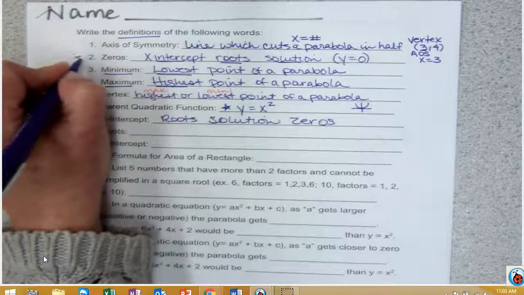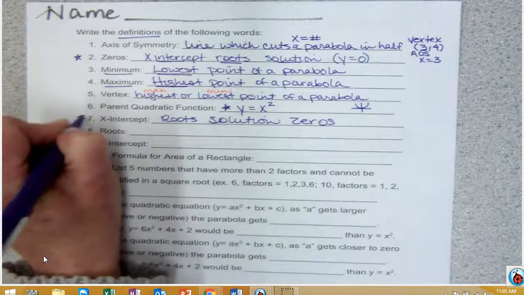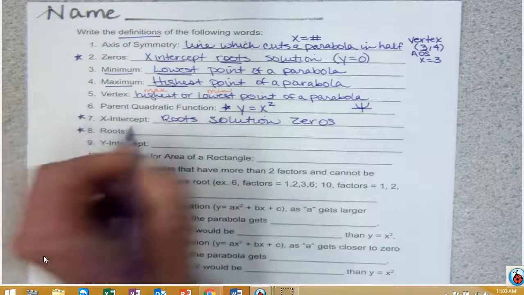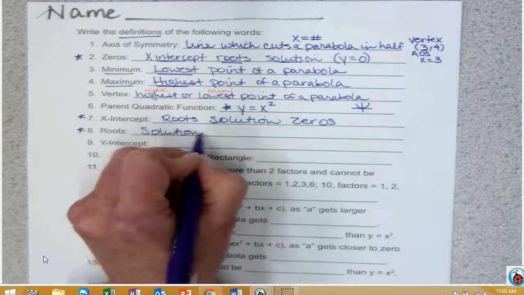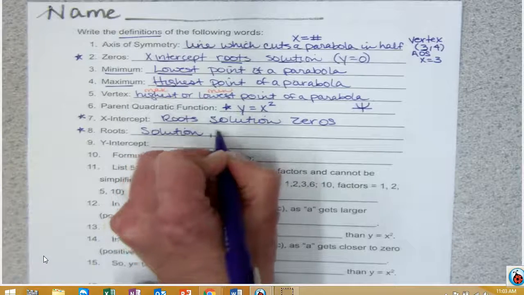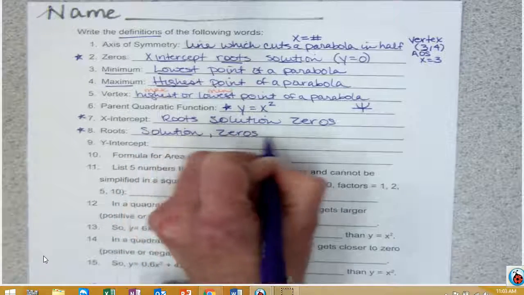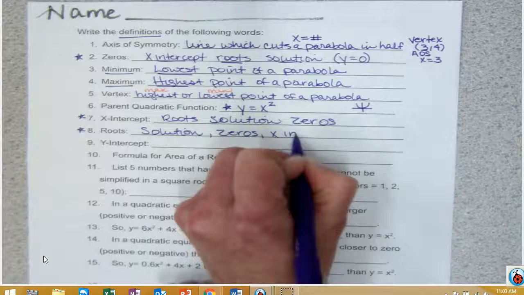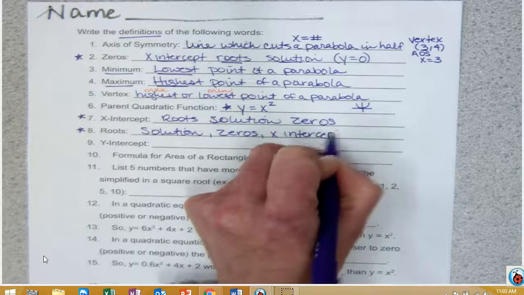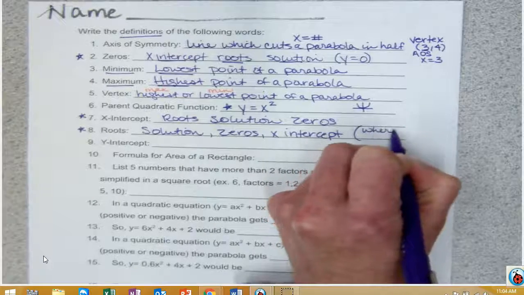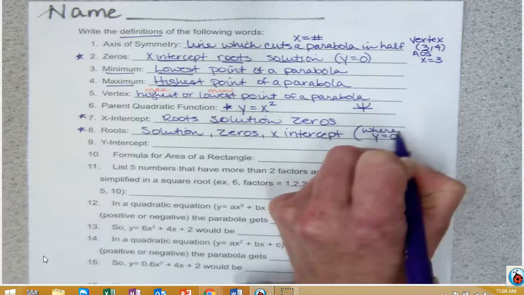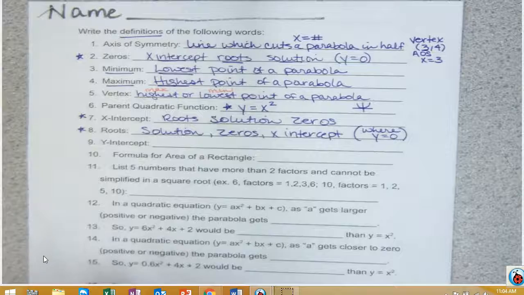You see how this is going to be equal to this and this. Your roots are your solution, your zeros, your x-intercept. And all of these is where your y equals 0. Alright?